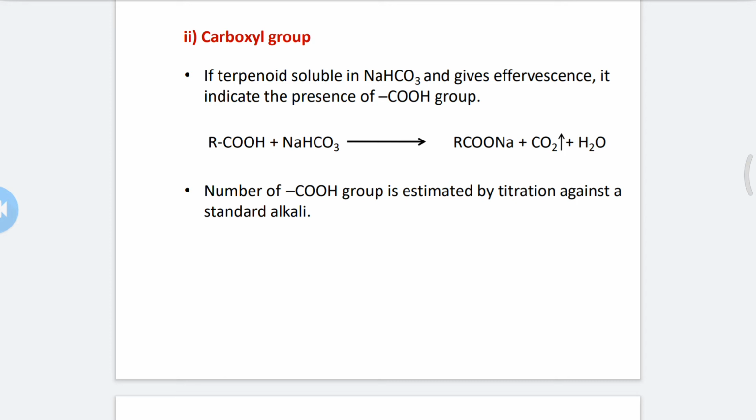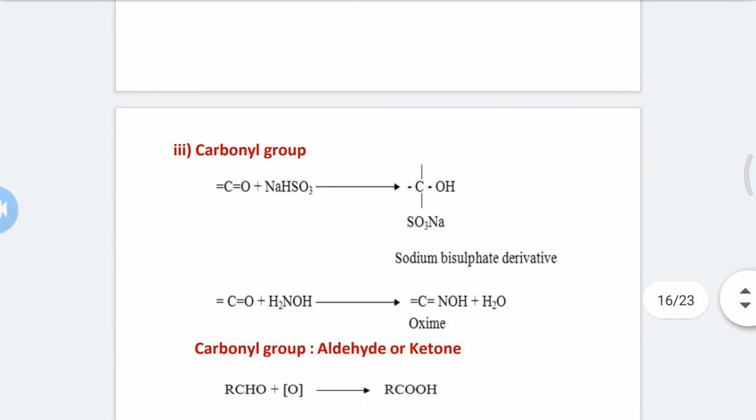The number of acid groups is estimated by titration against a standard alkali solution. So this is another method.